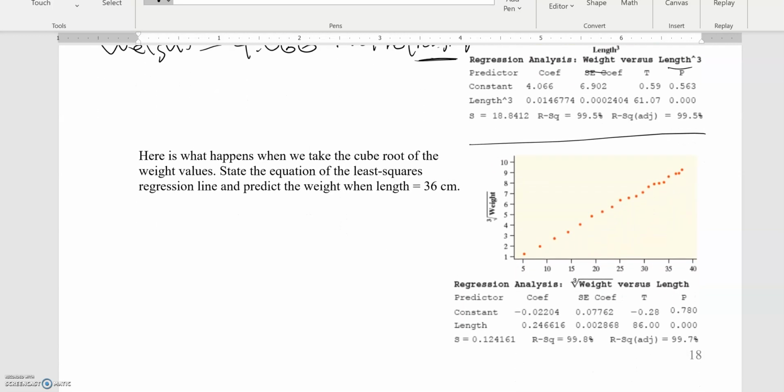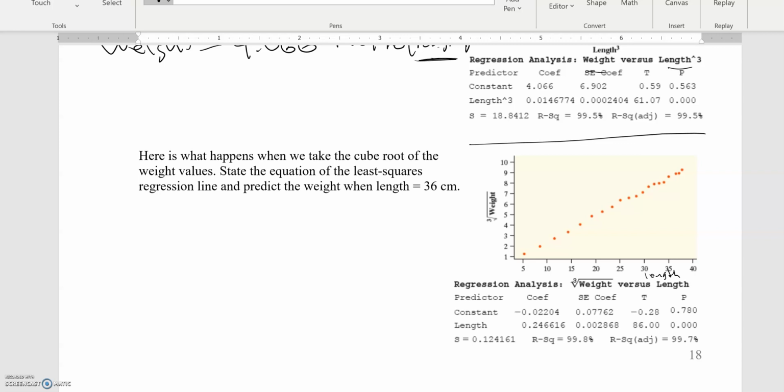Another thing they could have done was just do it the other way. They could have cube rooted the weight, and that way getting them to be the same dimensions. Remember, this is still length down here, so length now is unchanged. And so what do they have for an equation then?